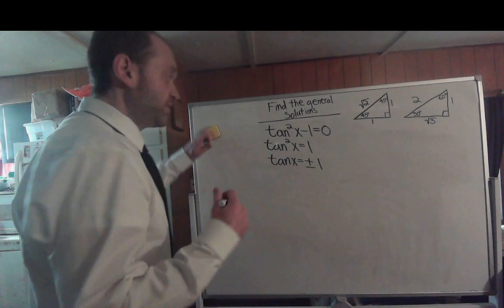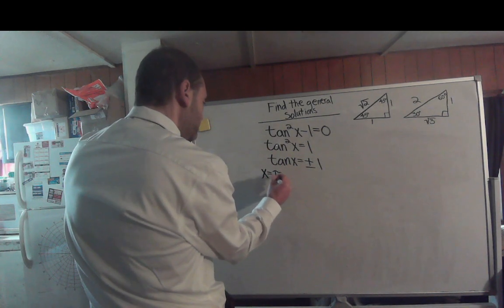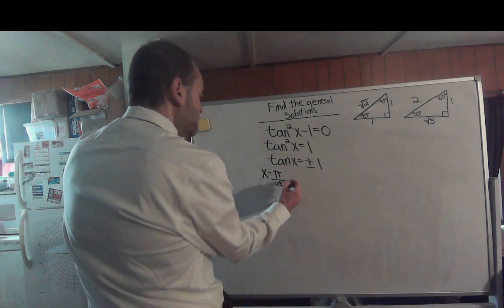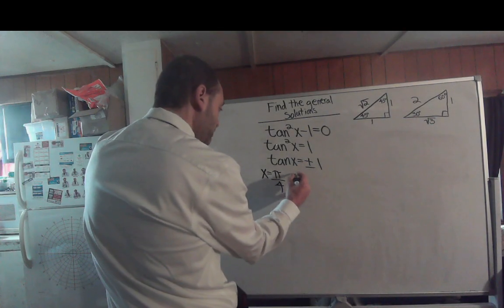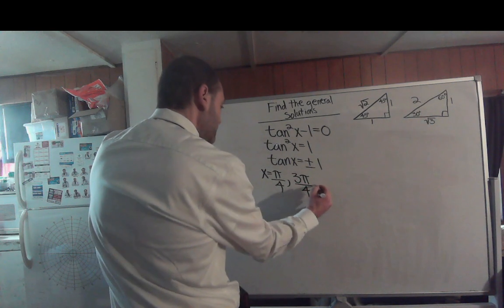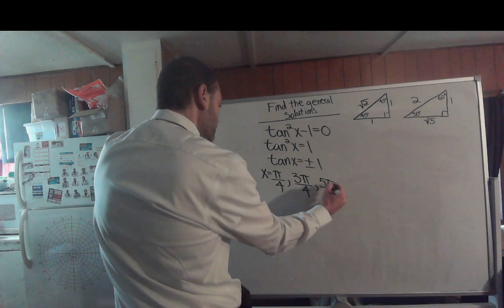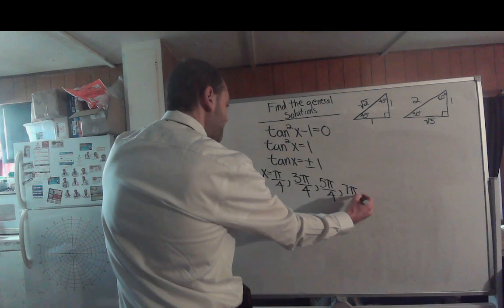That would be a 45-degree angle, which is pi over 4. So x would equal pi over 4. But we have positive and negative roots, so this would be every pi over 4 multiple. So then you'd have 3 pi over 4, 5 pi over 4, and then 7 pi over 4.